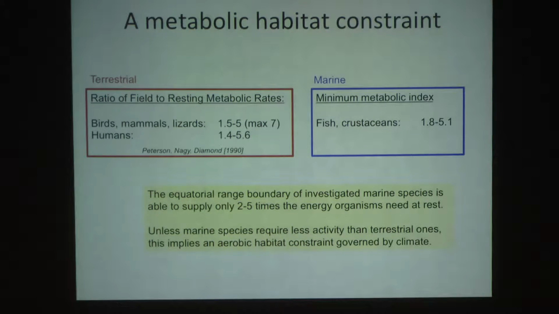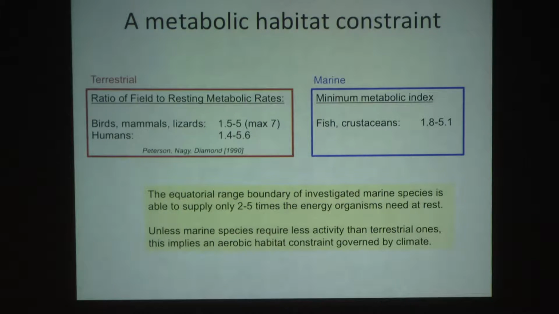And in fact, we did this for a few other species, and we got the same answer, that the southern latitudinal limit of the species, including fish and crustaceans, was always at a metabolic index of something between, say, 2 and 5. Okay? So for all the species we were able to see, they stopped living in waters where the oxygen was unable to supply at least 2 or 3 times what they would need to stay alive in a resting state.